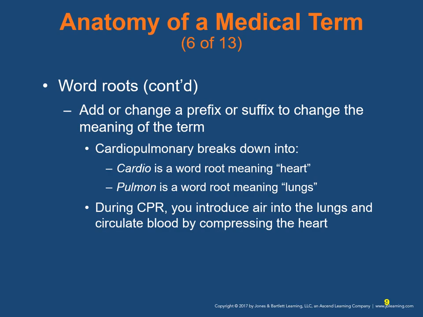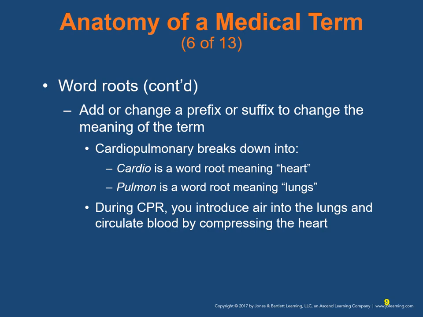Changing the prefix or suffix will change the meaning of the term. Cardiopulmonary breaks down as follows. Cardio is a word root meaning heart. Pulmon is a word root meaning lungs. By performing CPR, you introduce air into the lungs and circulate blood by compressing the heart.